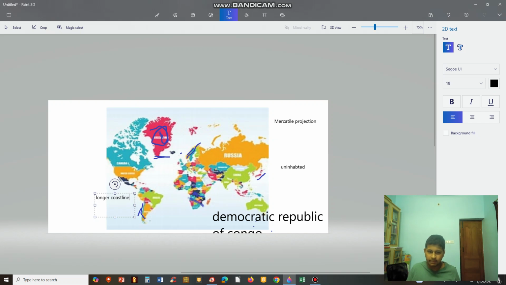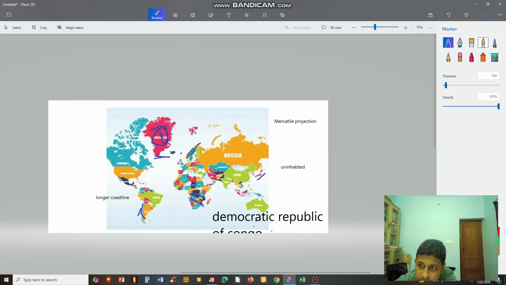Another thing: do you know that for a country like Ireland, when you draw a straight line, it fits perfectly?